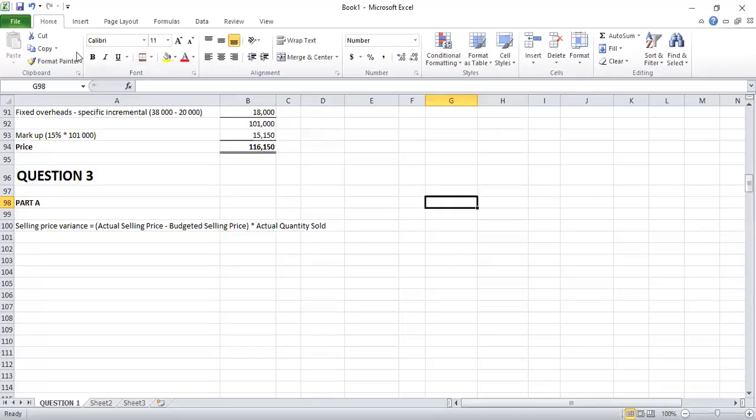If I calculate my budgeted selling price, we can say 10 million divided by 25. What do we get? 400,000.